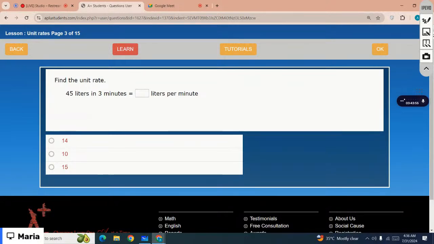That is 15 liters per minute. The correct option is 15.